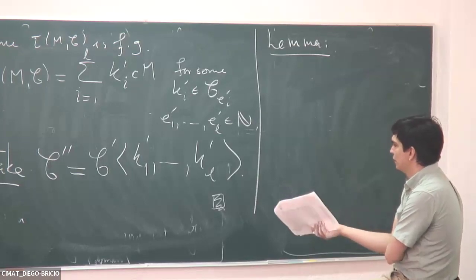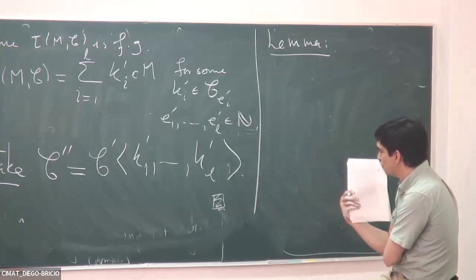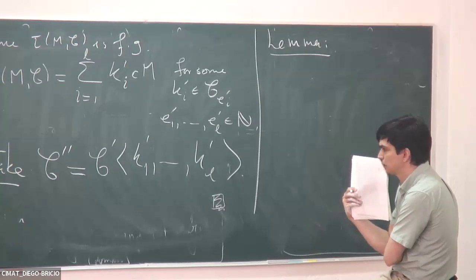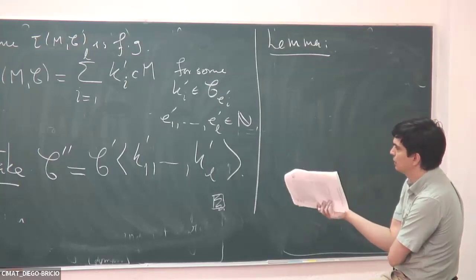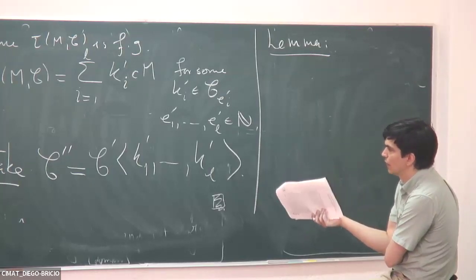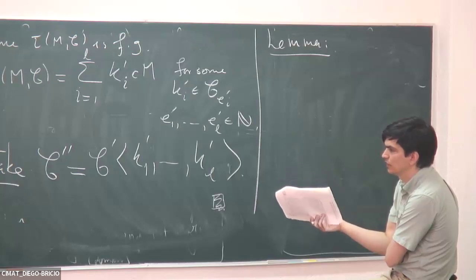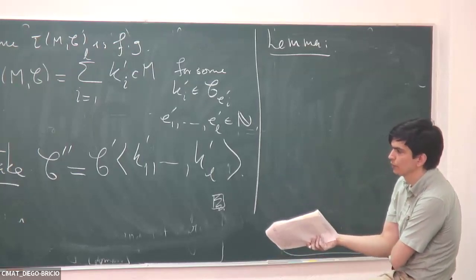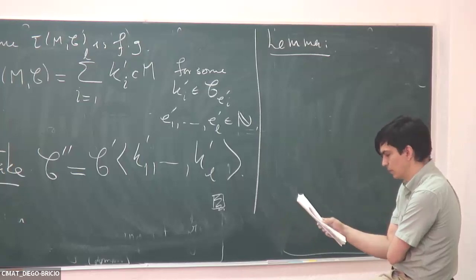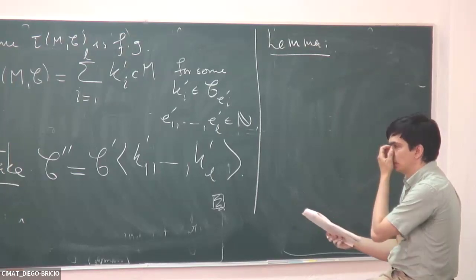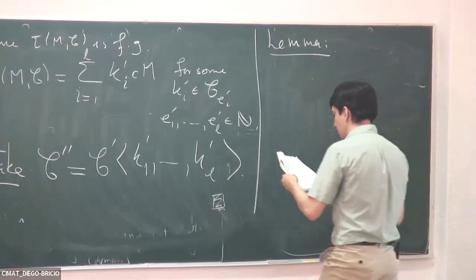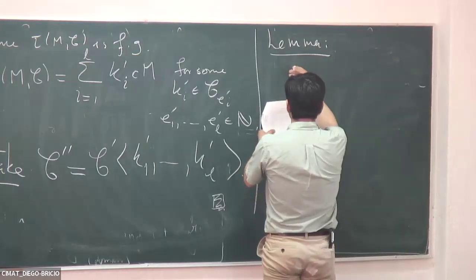So I think, okay, the next lemma should tell us that actually the test ideal of M with respect to C prime is the test ideal of M with respect to C double prime. Okay, yeah. Okay, let's do that. So the following lemma is this.